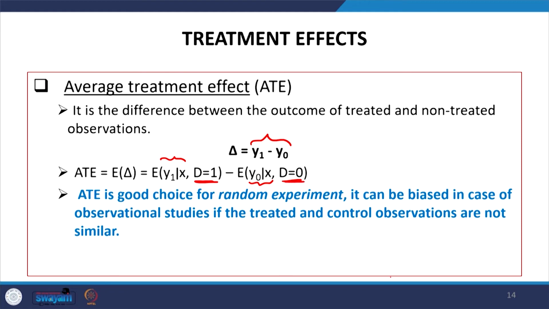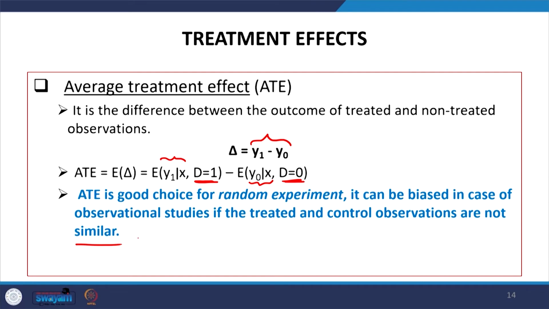So, ATE is in fact going to give you a choice about random experiment, and it can be biased in case of observational studies if the treated and control observations are not similar. This is what we have been emphasizing several times. ATE is a good choice for random experiment. It can be biased in case of observational studies if and only if treated and control observations are not similar.